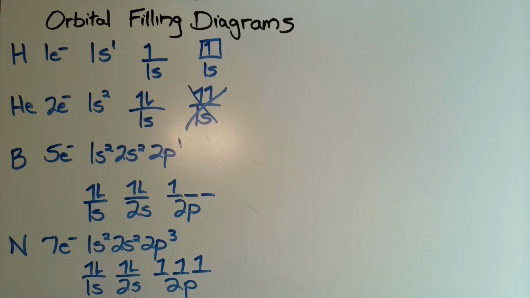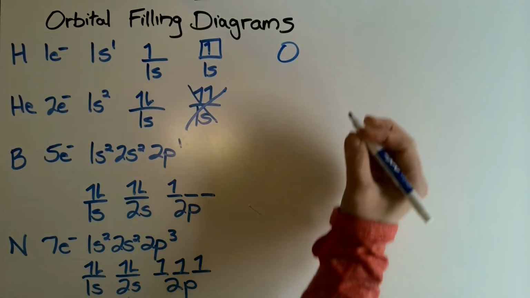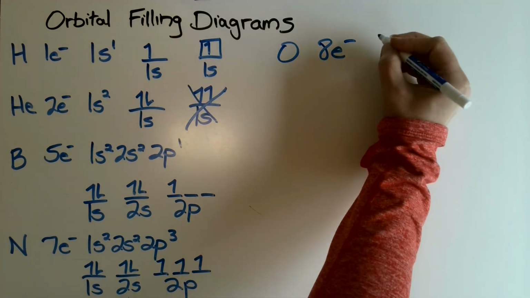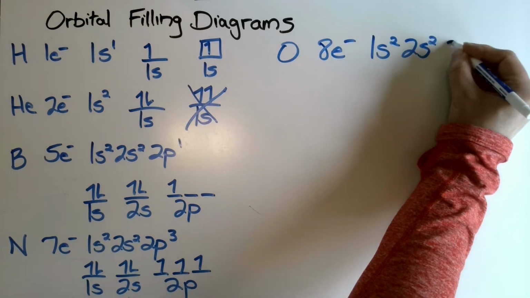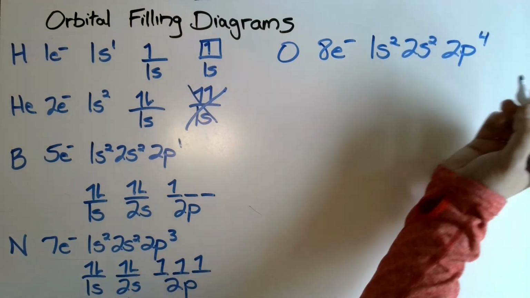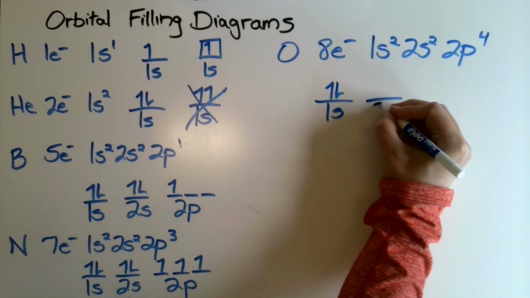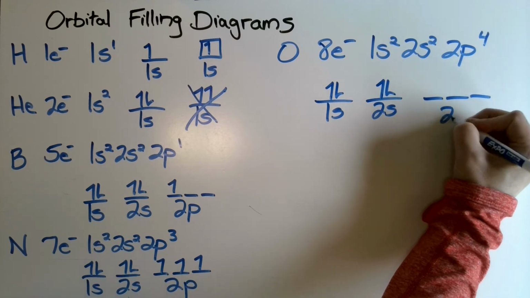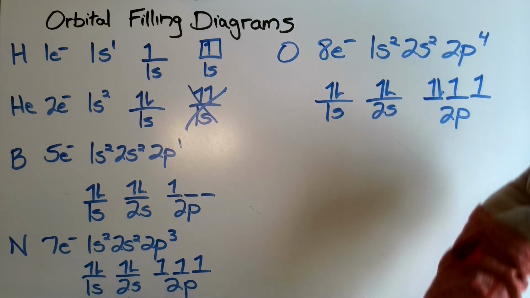So when you get to something like oxygen, and oxygen has 8 electrons, and its electron configuration is 1s2, 2s2, 2p4. You would write 1s and show the 2 electrons, 2s, show the 2 electrons, and then 2p, you would put them in one at a time and then double them up.